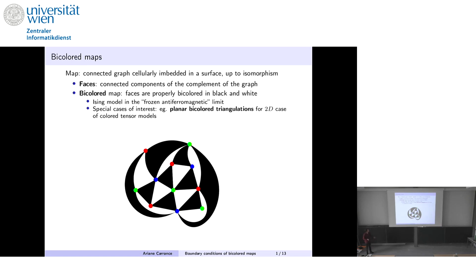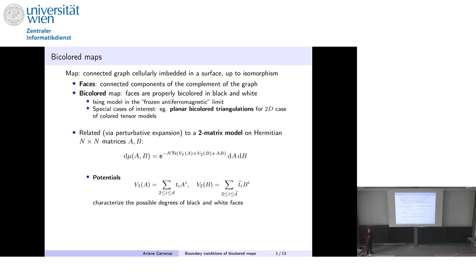Since we've heard a bit more about matrix models this week, we can relate these maps via a perturbative expansion to a special case of a two-matrix Hermitian model, for which you have only the cross product A times B in the covariance of your measure.